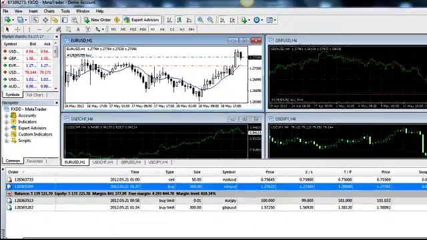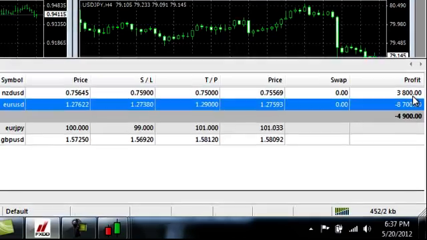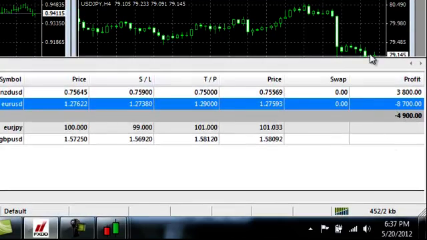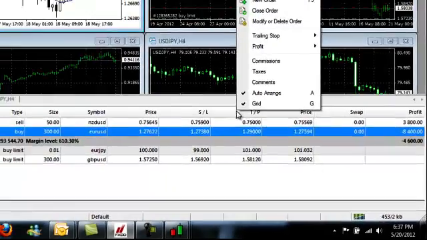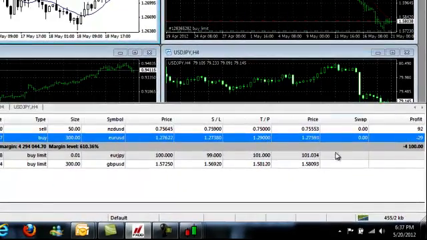Okay. One thing you may want to do also. Now, when you see this over here, watching these numbers move up and down, especially if you're dealing with a big account, can mentally mess you up. I highly suggest, see this bar up here? Just right click, go to profit as points. Now, some of these platforms use pips.